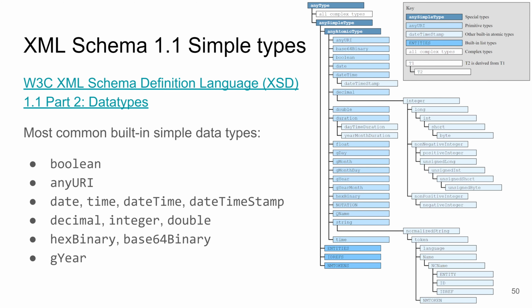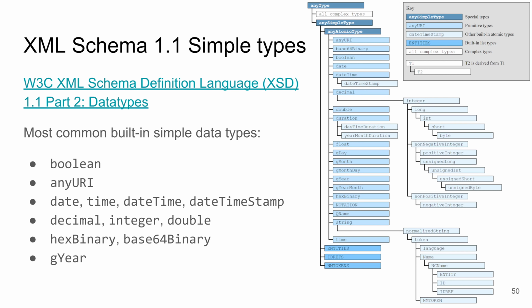Then there are the number types: decimal, integer, and double, and some data types for representations of binary files, because of course in an XML document you can also have a binary file included, but then it has to be encoded in text, and that is done using either the hexBinary data type, where the binary file is encoded as hexadecimal numbers, or the base64Binary, which is another kind of encoding of binary files into text.